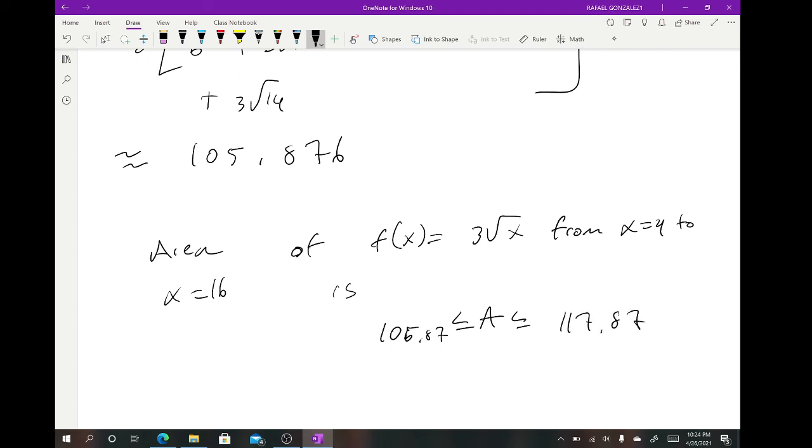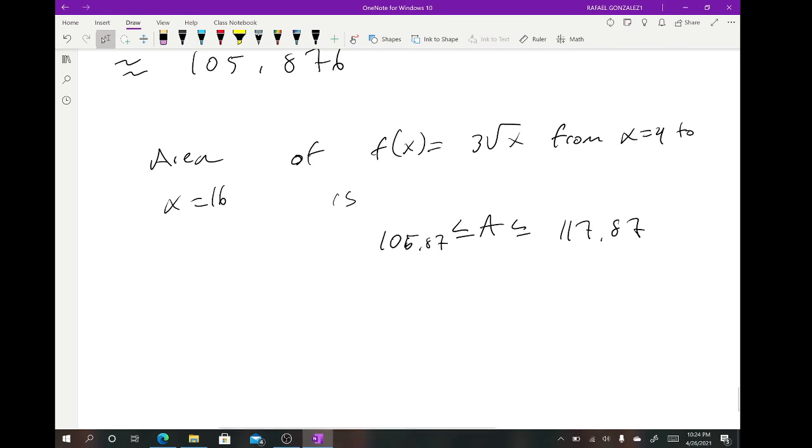So notice that there's a wide margin of error here, but we do have a value. Okay.